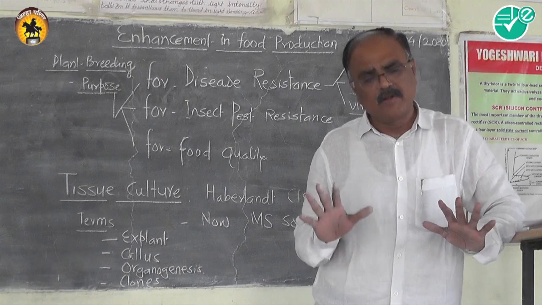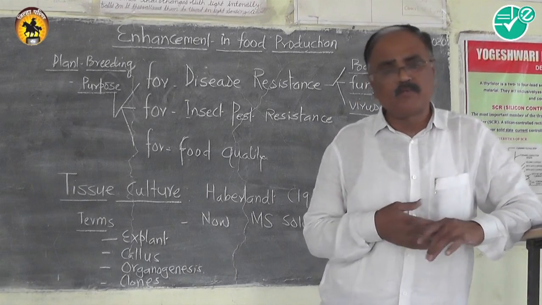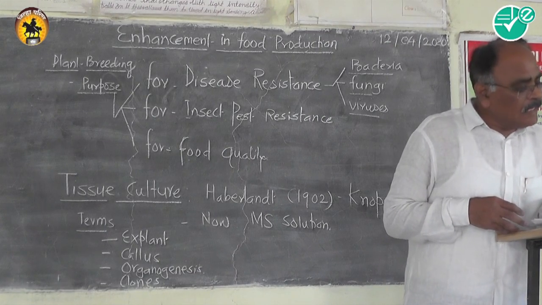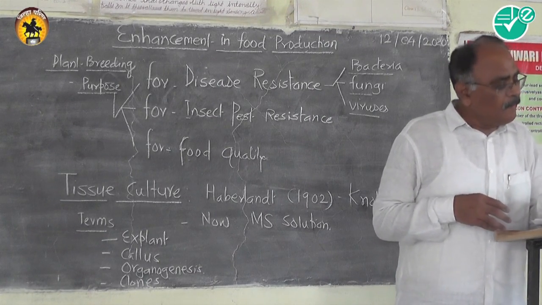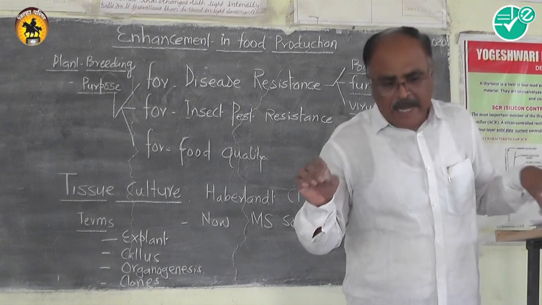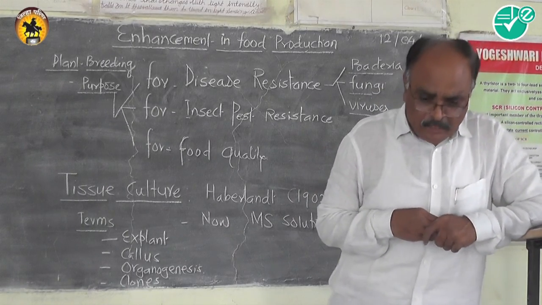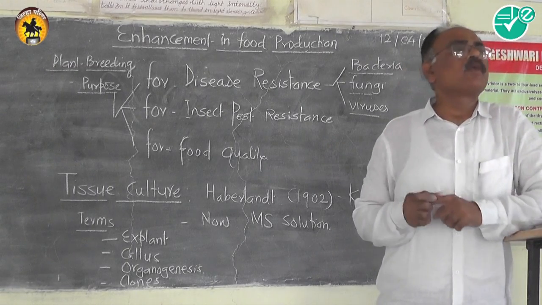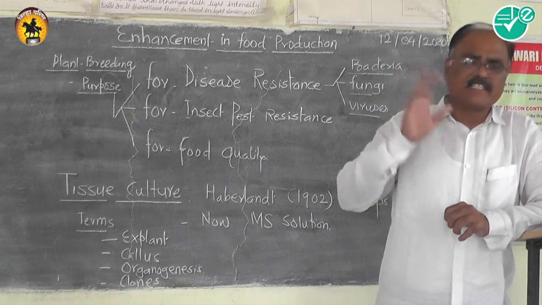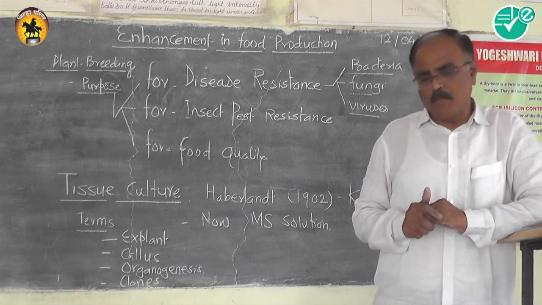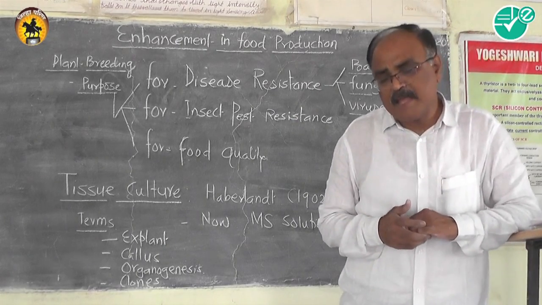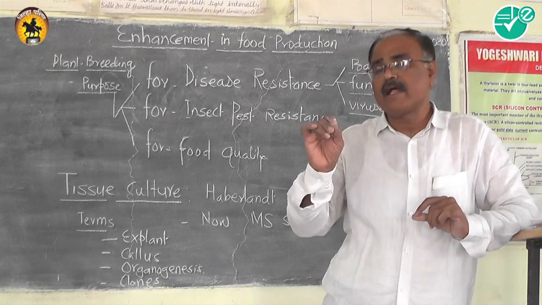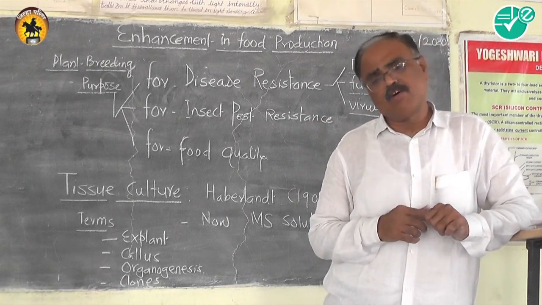Here, explant is just an excised plant part, no more than this. The plant we are expecting to multiply acts as a donor plant, and the plant part we have taken from that donor plant is an explant. This may be a protoplast, a cell, a small tissue, or an organ of the plant.